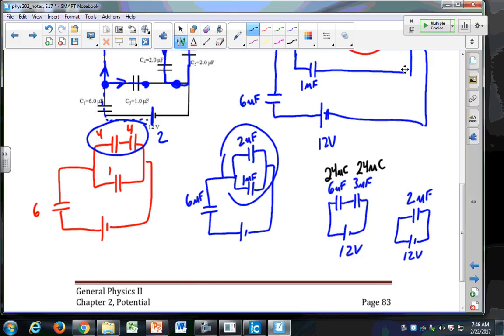Now we can find the voltage. Voltage is Q over C. So we have 24 over 6 is 4 volts, 24 over 3 is 8 volts. But look at the capacitors and how the voltages are distributed. Does a small capacitor carry a big voltage or a small voltage? Think about it. So I have Q equals CV. If C is small, what happens to V?